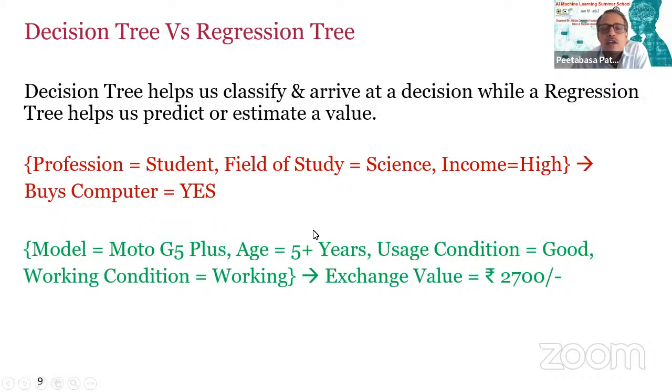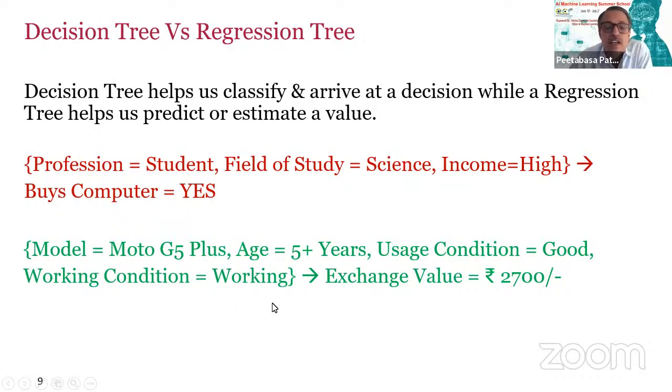Whereas there are other situations, for example, I want to exchange an old mobile to buy a new mobile. Or I want to sell my old car and find out what its value is. For example, the model is Moto Z5 Plus, the age is 5+ years, I've been using the phone for 5+ years, the usage condition is good, and the working condition is working.